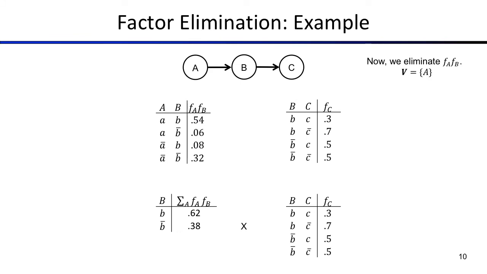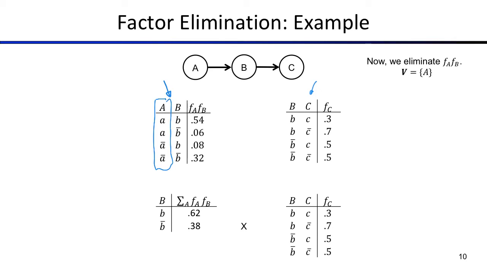Okay, so we have here these two factors, the two remaining ones, and I'm going to eliminate this factor here. This factor mentions two variables, A and B, and A only occurs in this factor. It does not occur here, so it's exclusive to this factor here.